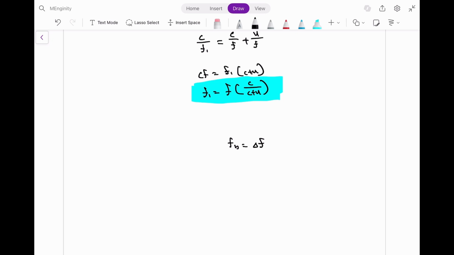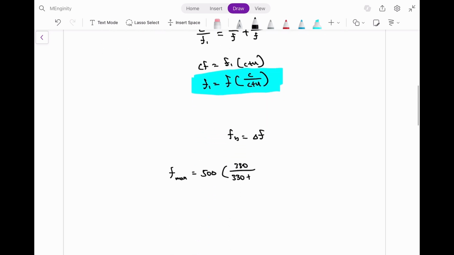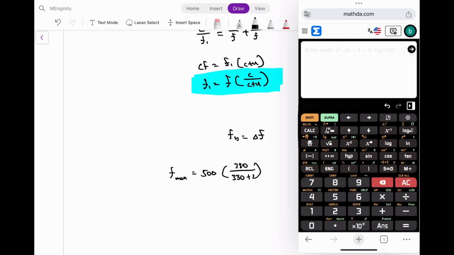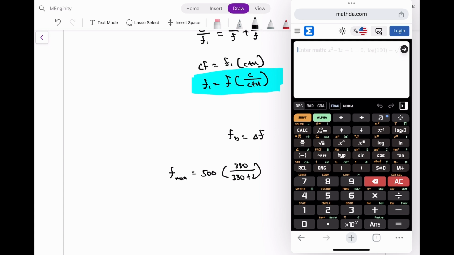First of all, let's say f max for the moving away, so that will be equal to 500 times 330 over, because it is moving away, 330 plus 2. And then let's calculate this.